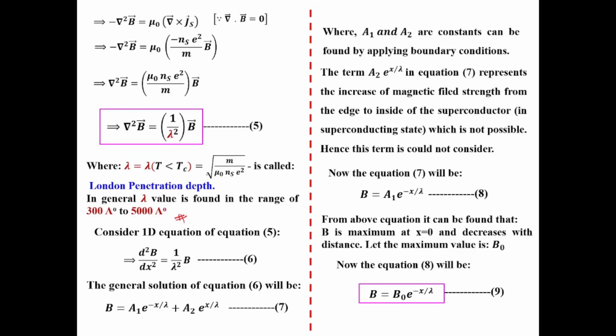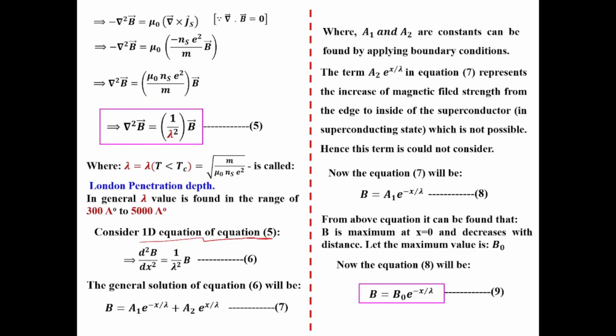Now we are going to consider the one dimensional expression of equation number 5. This is the 3-dimensional expression. We know that del square is del square by del x square plus del square by del y square, the Laplacian operator. But consider only the one dimensional form of equation number 5.